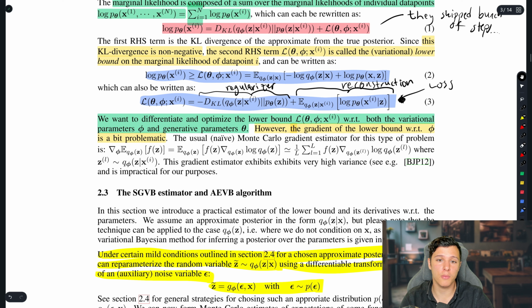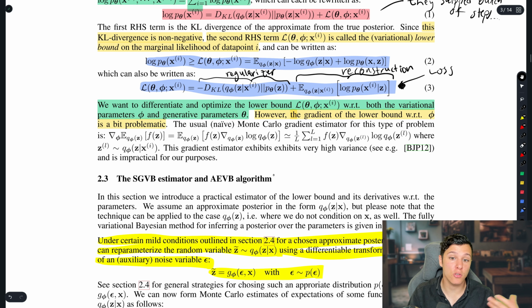What we want is to map this particular point into a distribution on a latent space so that we can generate from it. The problem is that if it's Gaussian and we sample from a Gaussian distribution, it's going to be non-differentiable. So we can't compute the gradient for that. We're going to have to use a trick, which they're going to mention later on. But for now, they just say it's a bit problematic.